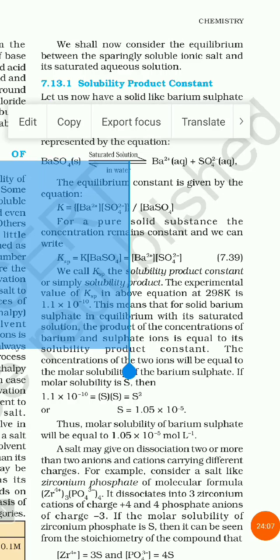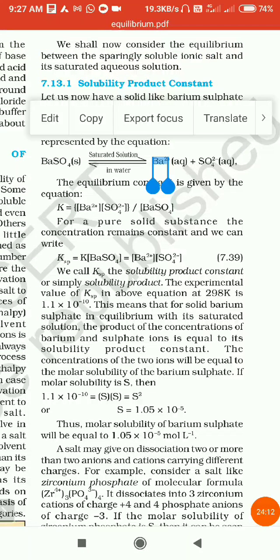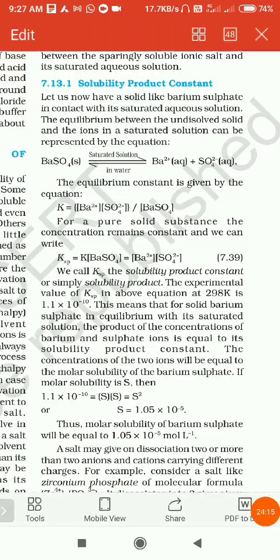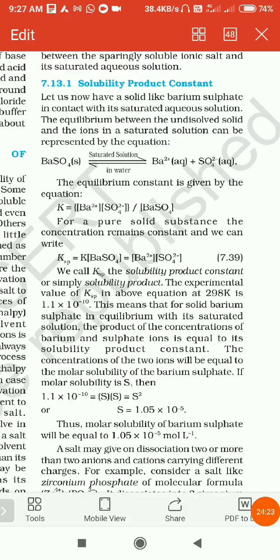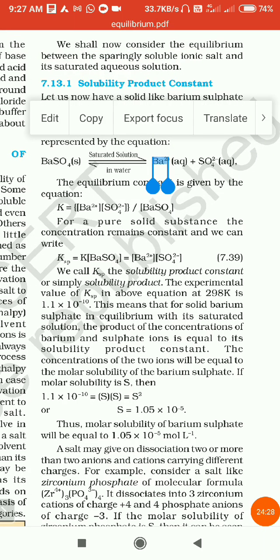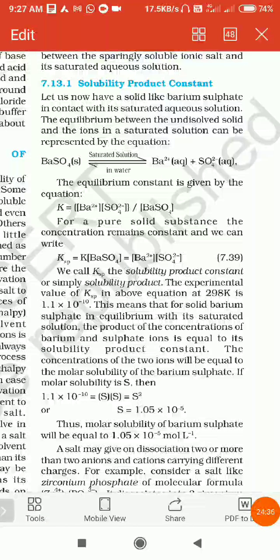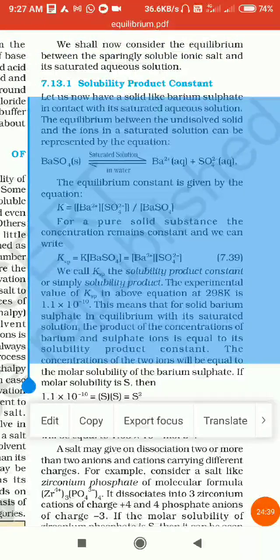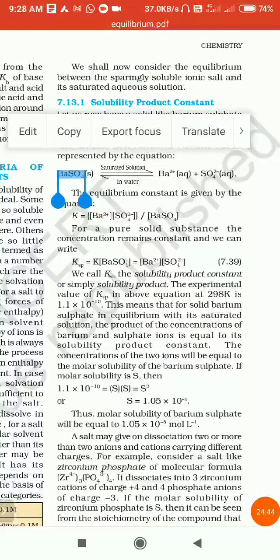While dissolving in water, it dissociates into barium ions and sulfate ions. We express the equilibrium constant as the concentration of products divided by the concentration of reactant. Therefore K is equal to [Ba2+][SO4 2-] divided by the concentration of barium sulfate. Here barium sulfate is a pure solid.